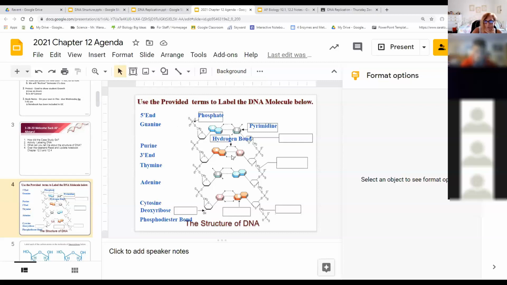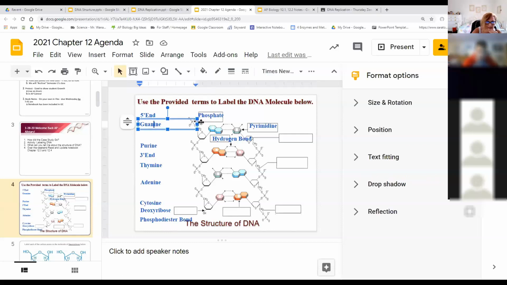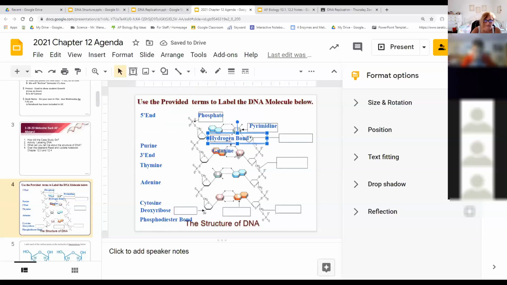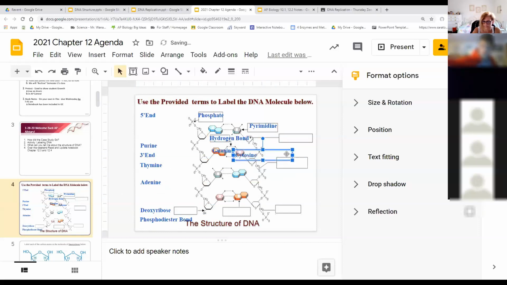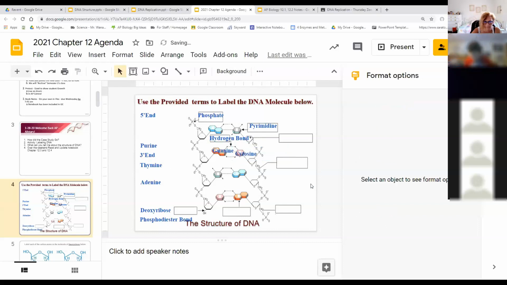Guanine is the purine, so the bigger molecule, right? So that makes this one guanine. The single ring is the pyrimidine, and cytosine, the C's or the Y's, cytosine is the pyrimidine. So that helps me label that one.